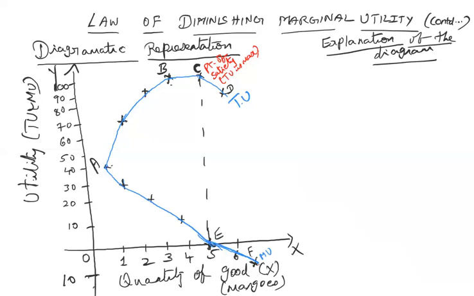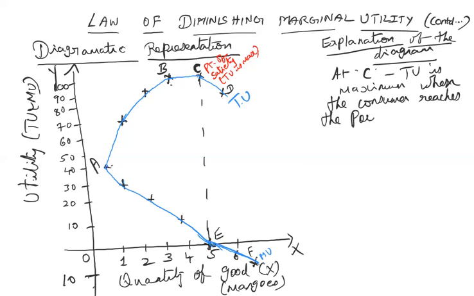So then afterwards, at D, or in other words, let us continue with the point at C. At C, the total utility is maximum, where the consumer reaches the point of satiety. That is when the consumer gets the maximum satisfaction.